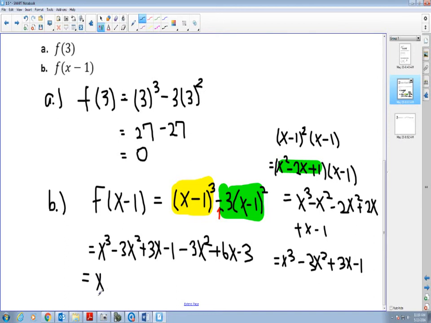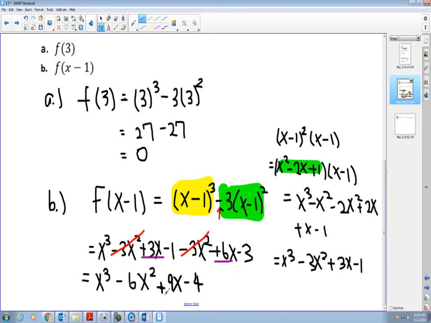X to the 3rd, got nobody to combine with. Negative 3x squared minus 3x squared, negative 6x squared. 3x plus 6x, positive 9x. And I have negative 1 minus 3, negative 4.